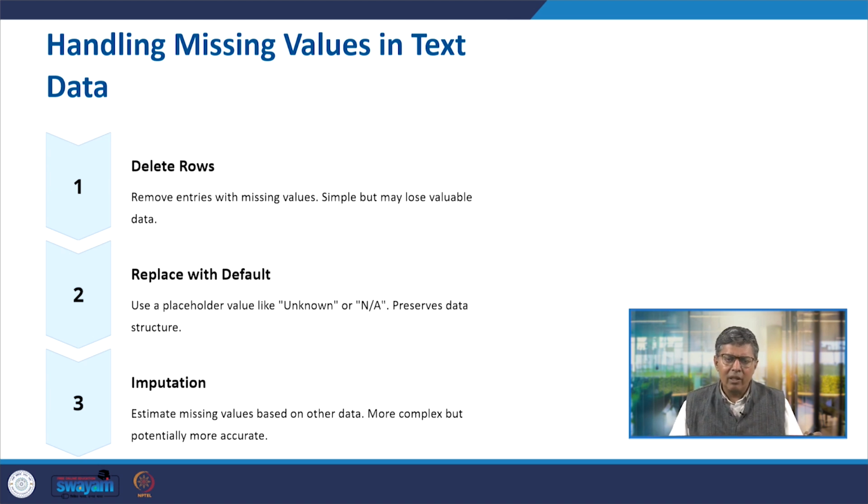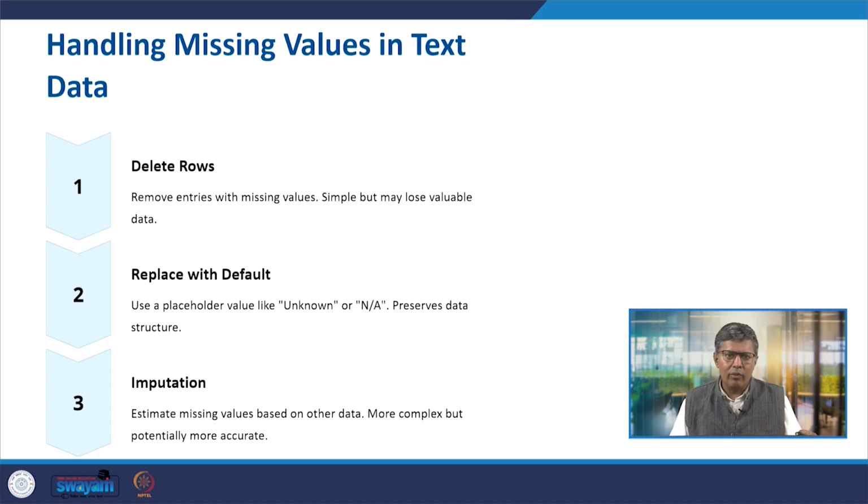Imputation: is it possible to impute, replace the word with some other word? Now estimating missing values based on other data is called imputation. So it is more complex, but potentially more accurate. Data imputation is taught in quantitative data. Here also you can impute the data, but it is a time consuming process.